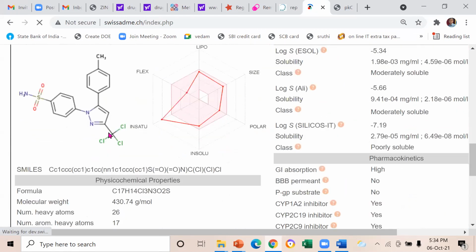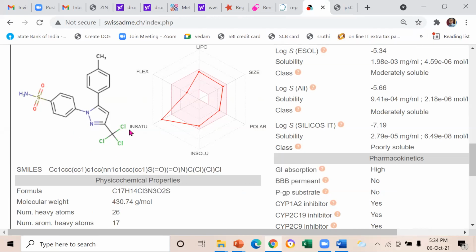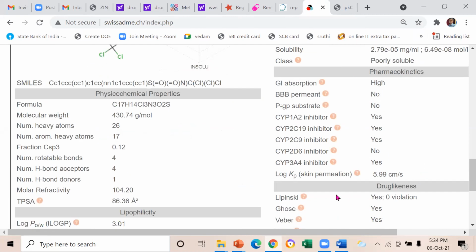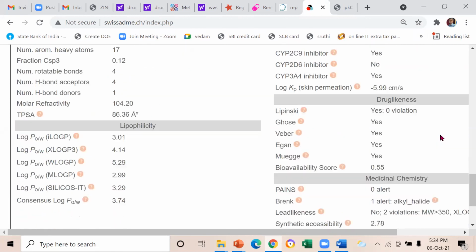Celecoxib is fluorine containing. It's in the commercial market, called a selective cyclooxygenase 2 drug. It's given for arthritis. So I'm trying to see whether all these properties are satisfied.